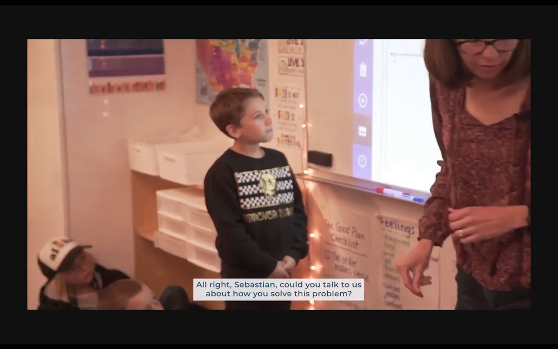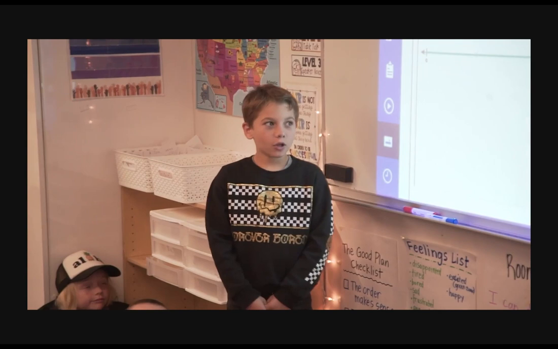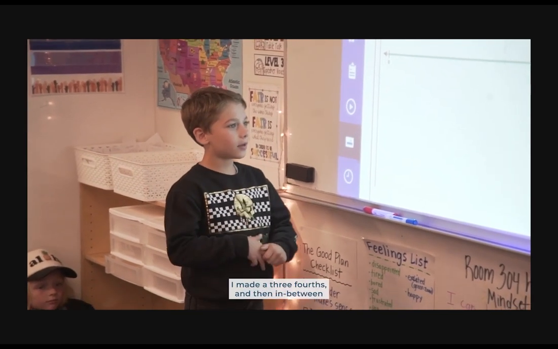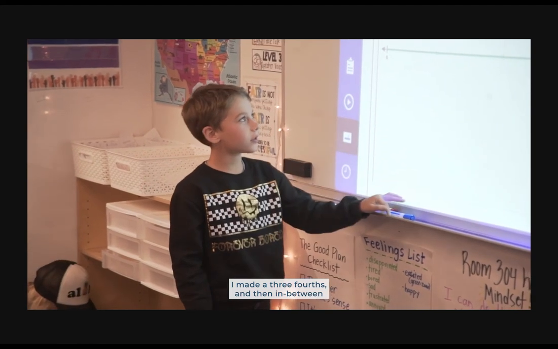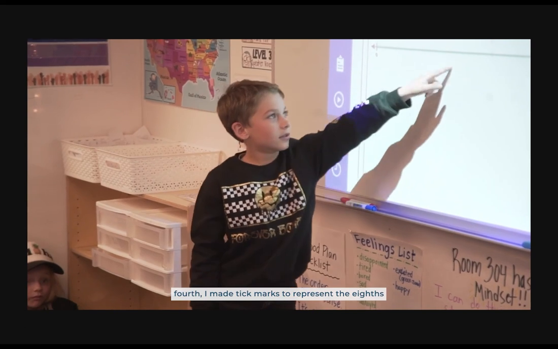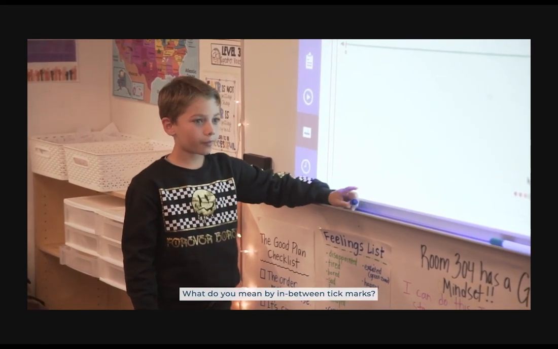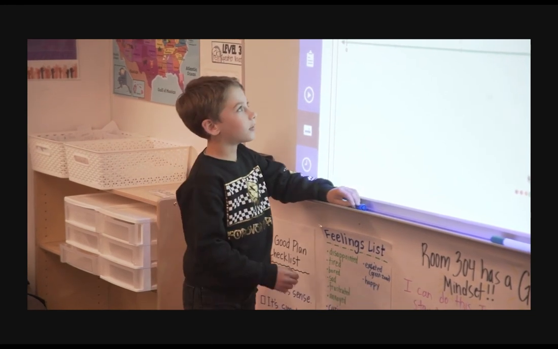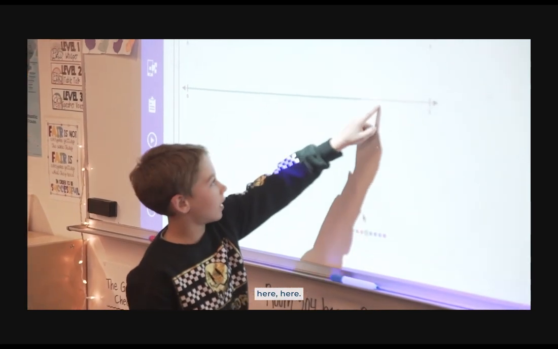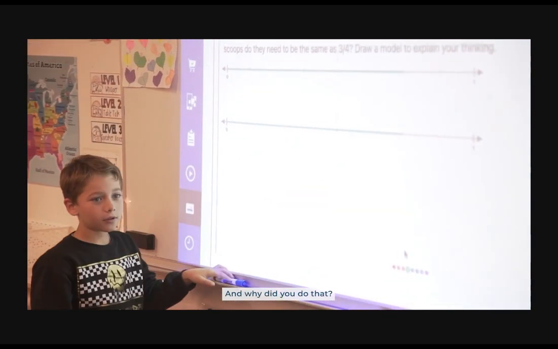Okay. All right. Sebastian, could you talk to us about how you solved this problem? So what I did to use the ticks, I made 3/4, and then in between the fourths, I made tick marks to represent the eighths. Could you pause for a moment? What do you mean by in between the tick marks? So I put a tick right here, here, and also here, and here. And why did you do that?